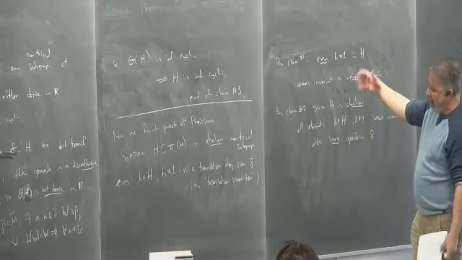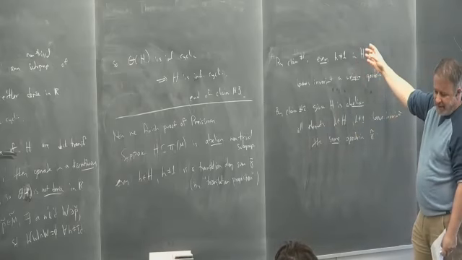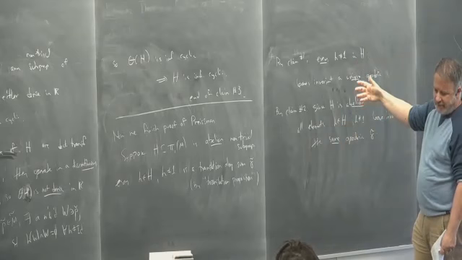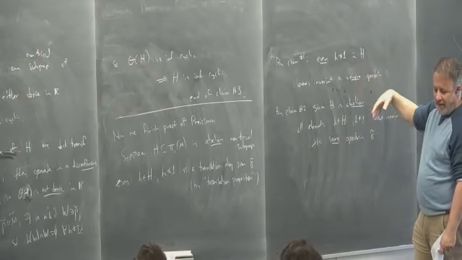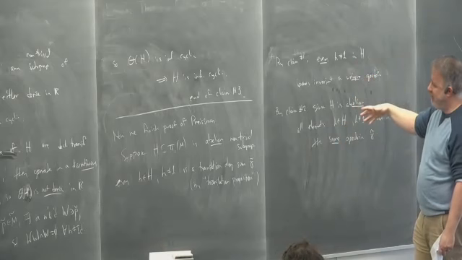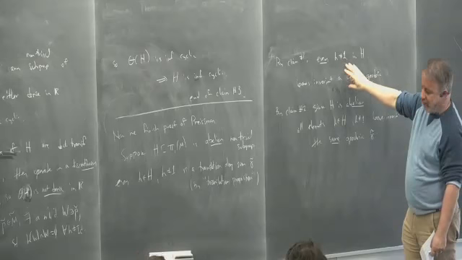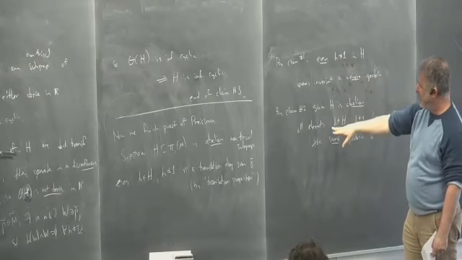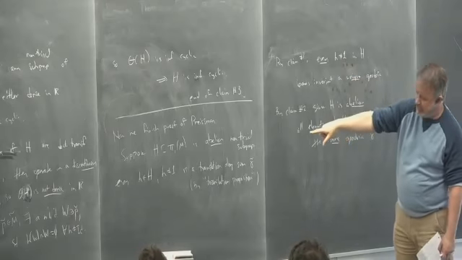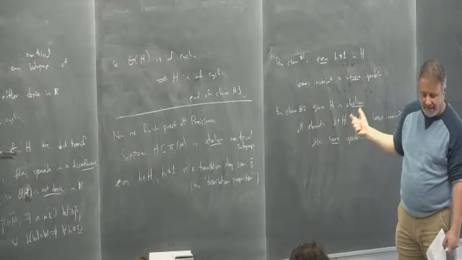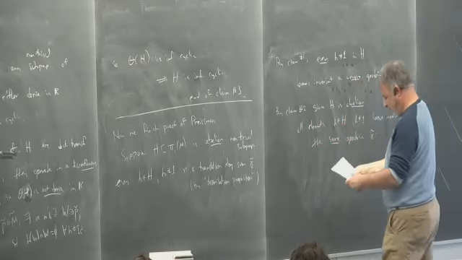Claim 2 said if you had a translation along gamma tilde and you had some other isometry without fixed points that commuted with that first isometry, then it's also a translation along the same geodesic. Each one of these is a translation along some geodesic which is unique, right? But they all commute with each other because the group is abelian. And therefore that geodesic is the same for every single one of them.